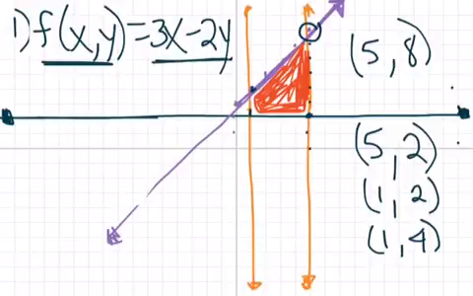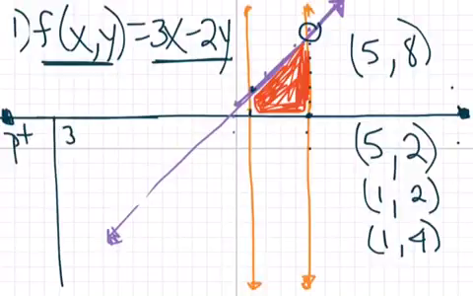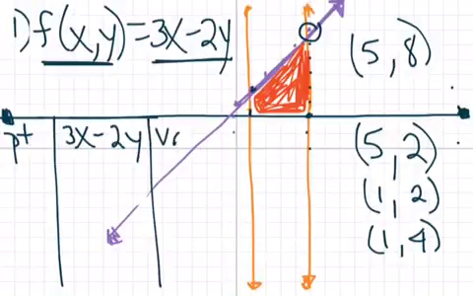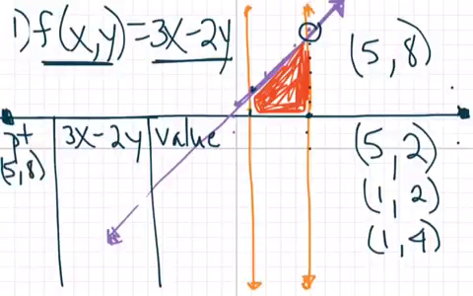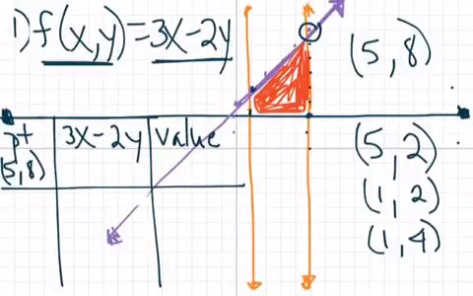So I have my students do a table. This is point. This is 3x minus 2y. And this is value. Ideally, you wouldn't write it all over the graph, but I'm trying to keep it all on the same page for you. So the first point we have is 5, 8. That means we're going to put 5 in for x and 8 in for y.